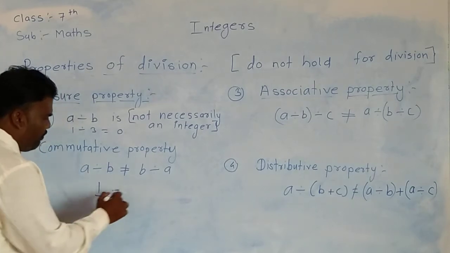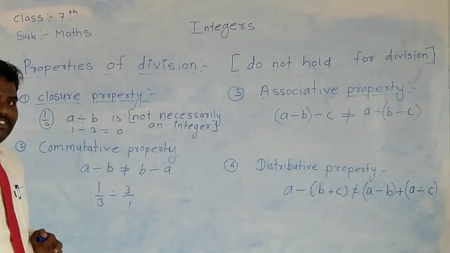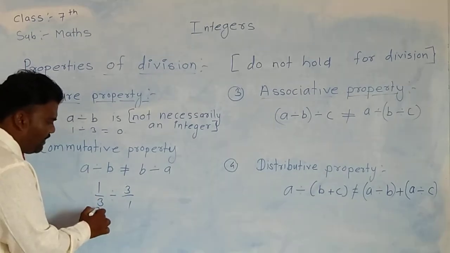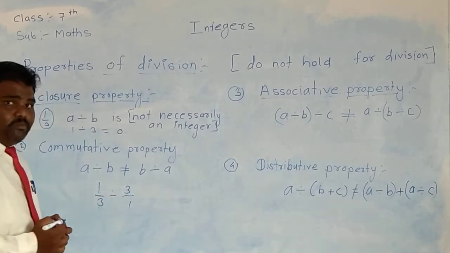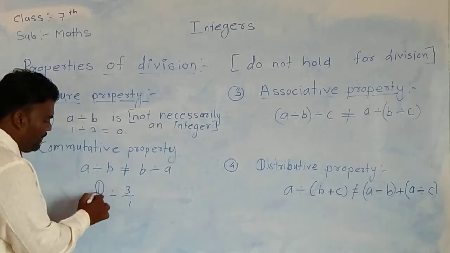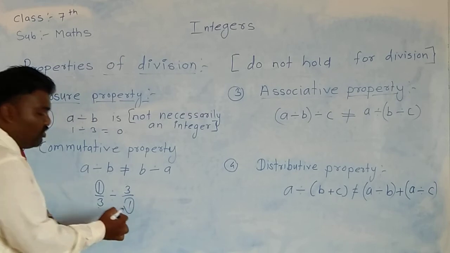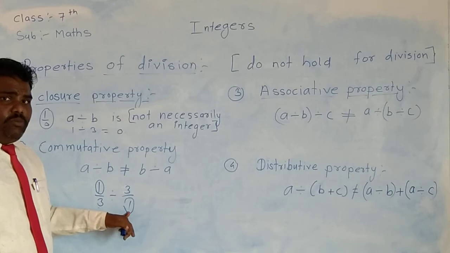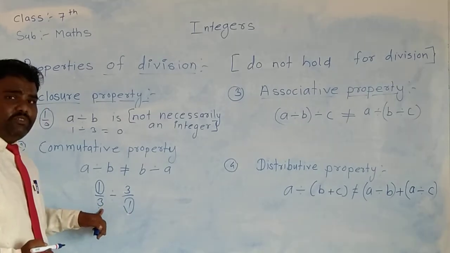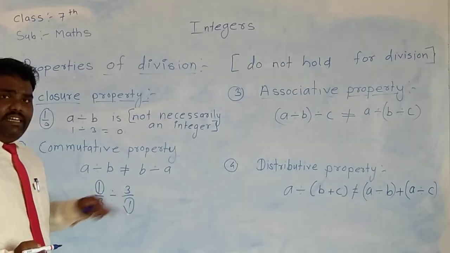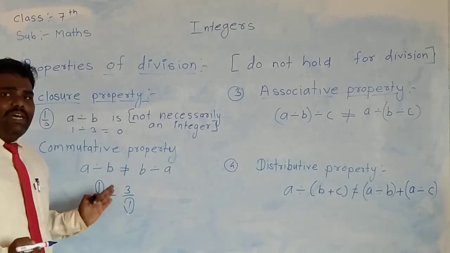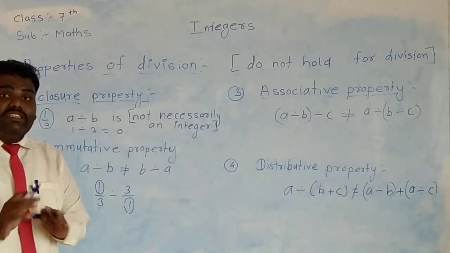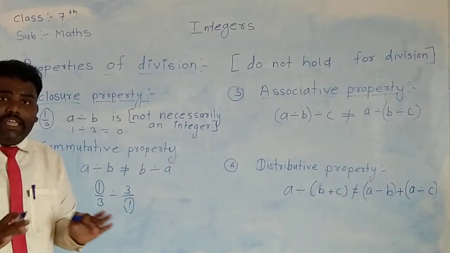I reverse it: the digit which is in the numerator is written in the denominator, and the digit which is in the denominator is written in the numerator. So I reverse it and try to divide it, but the answer will not be equal.